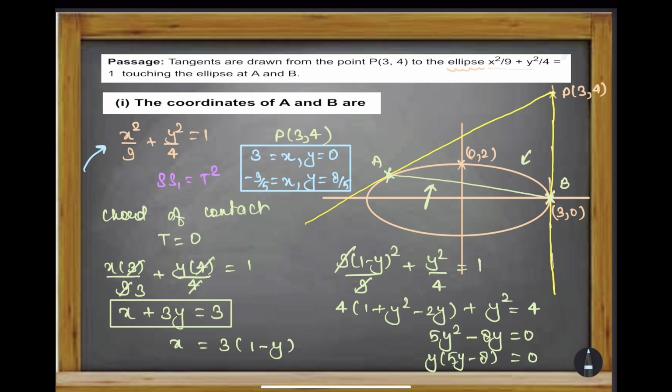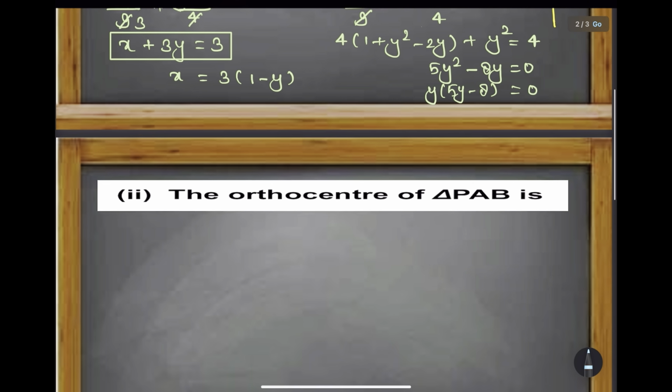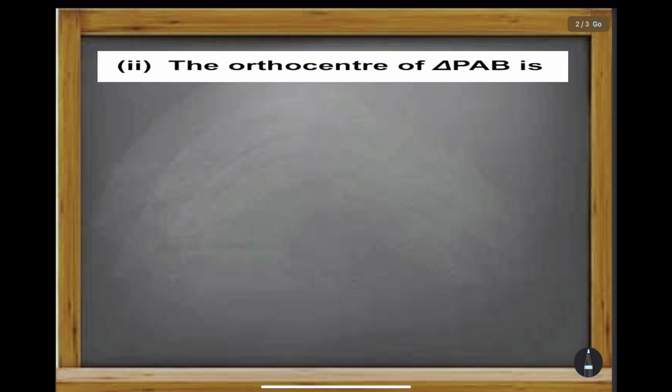So this part is clear. And let's move on to the next part. We have to find out the orthocenter of triangle PAB. Okay. So let's try to draw a diagram of this triangle. So P was 3 comma 4.